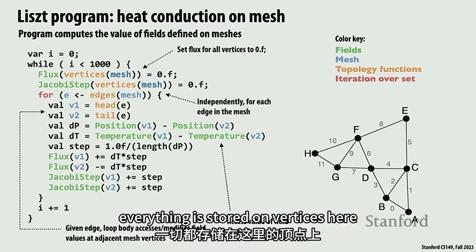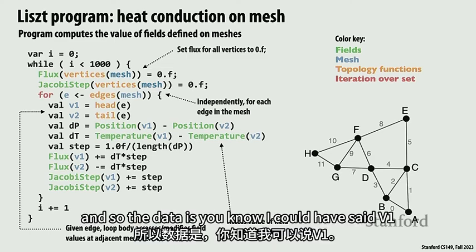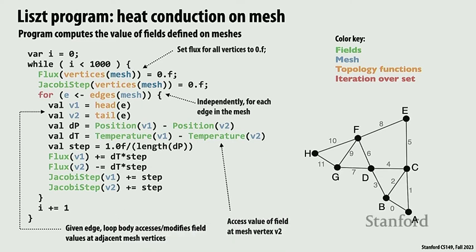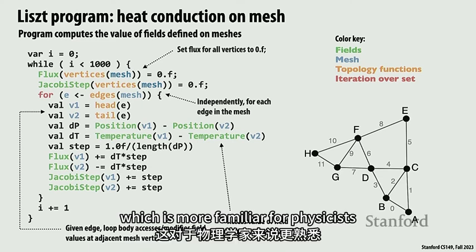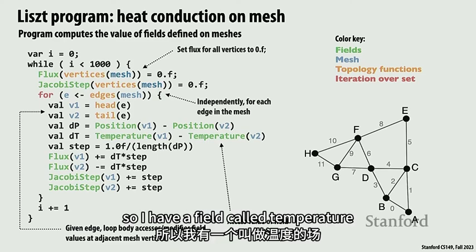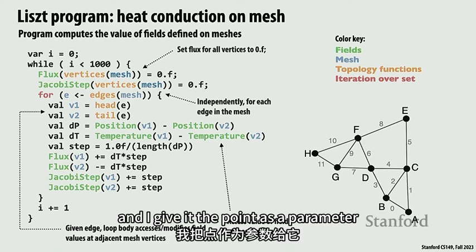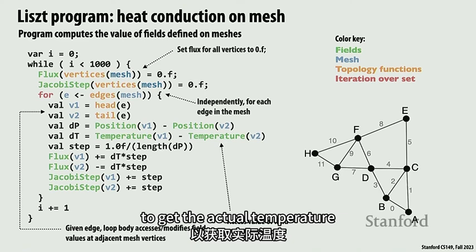Everything is stored on vertices here. And so I could have said v1.temperature, but they've decided to write it this way, which is more familiar for physicists. It's more like a field. So I have a field called temperature, a function temperature that's defined at all points, and I give it the point as a parameter to get the actual temperature.